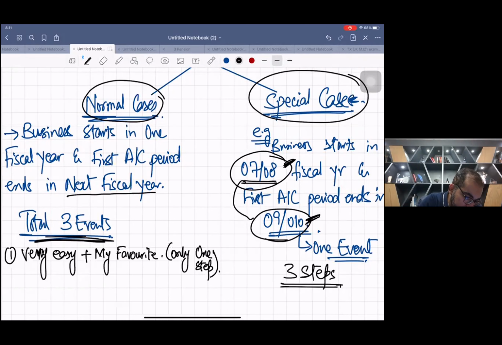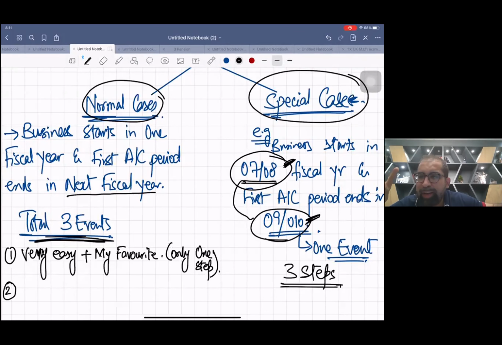Now for the second case, let us say from the beginning of the business accounting date, you go to the nearest 31st March, but still the first accounting period is not covered.